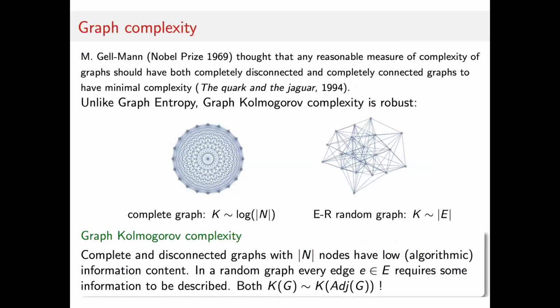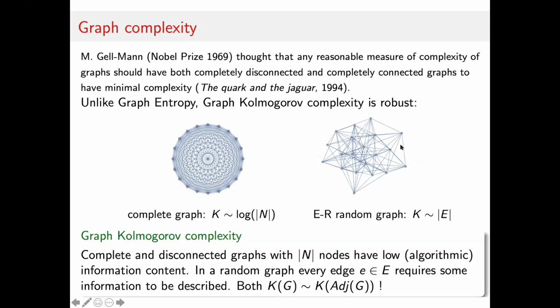And you can translate this into all sorts of interesting questions. So you can now deal, for example, with graphs, because we know that the algorithmic complexity of very simple graphs, like complete or completely disconnected graph, grows by the logarithm of the number of nodes. So it increases in size very slowly.